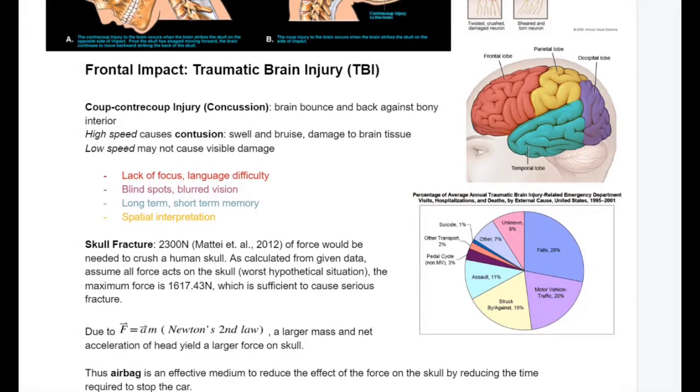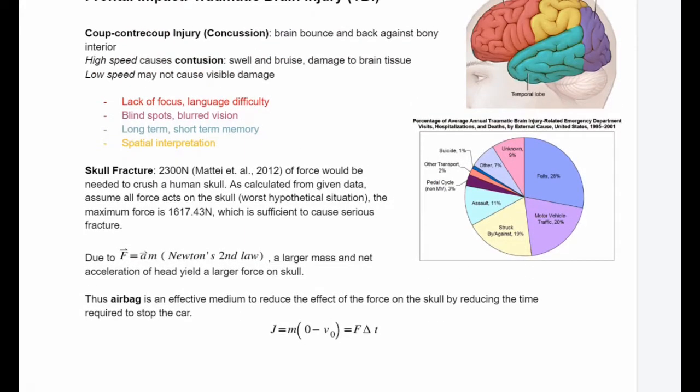The skull fracture is another situation, where your skull is being forced by the car that hits you. Theoretically, 2,300 newtons is the force that can cause your skull to fracture. And as calculated from the given data we got, the maximum force is 1617, which is sufficient to cause some serious partial fracture to the skull.